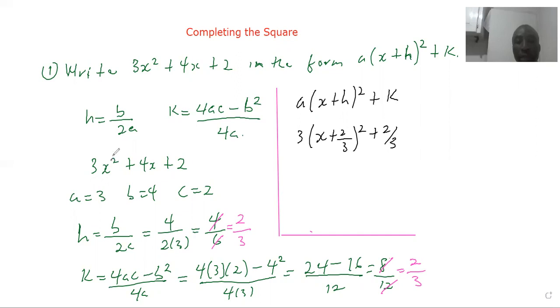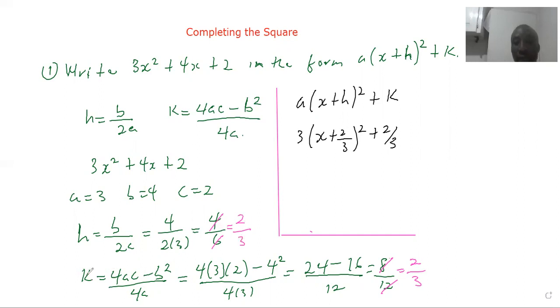The coefficient of the x squared is 3, the coefficient of the x is 4, and the constant is 2. h is equal to b over 2a, so I get 4 over 2 times 3, which gives me 4 over 6. When I break it down, I get 2 over 3.